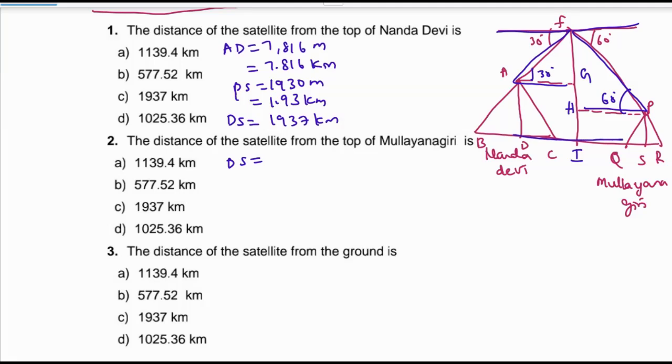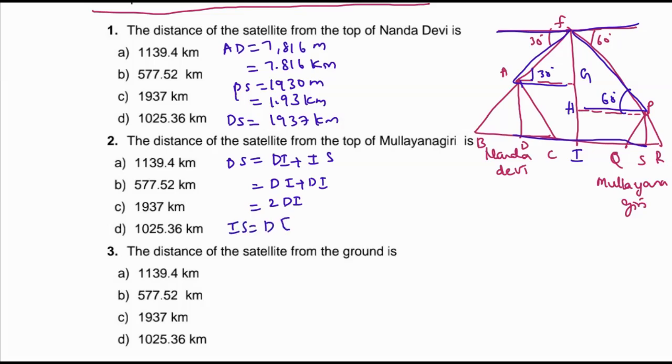Now the distance between the bases of the two mountains can be written as DI plus IS, or it can be written as DI plus DI, that is 2 times DI, because both are the same. Then IS will be equal to DI, which is 1937 divided by 2.